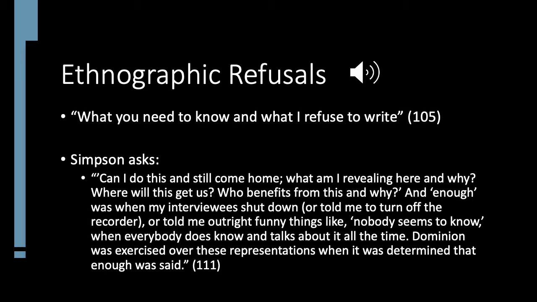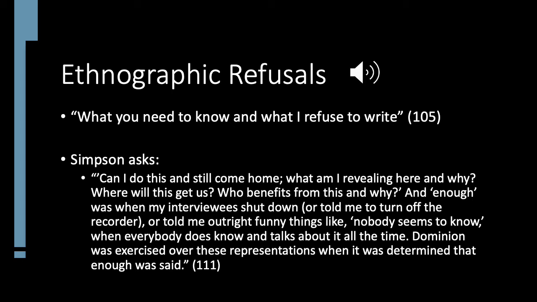And when Simpson talks about ethnographic refusals, right, she's asking, can I do this and still come home? What am I revealing here and why? Where will this get us? Who benefits and why? So what she's asking, right, is what can she write while still being able to face her family and friends at home? What are the goals of her book?